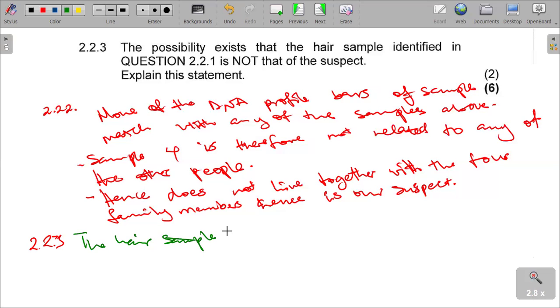The hair sample can be for anybody who visited the house, class. It might happen that some friend has visited the house, and then after visiting, there is a burglary.